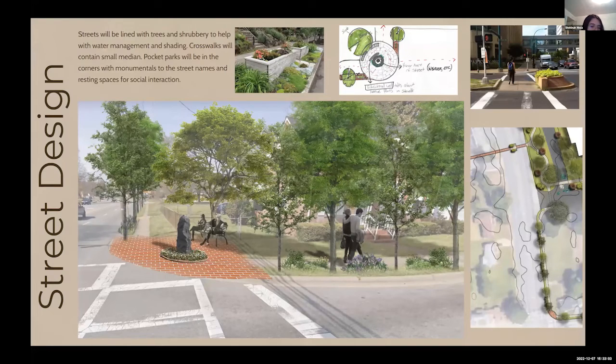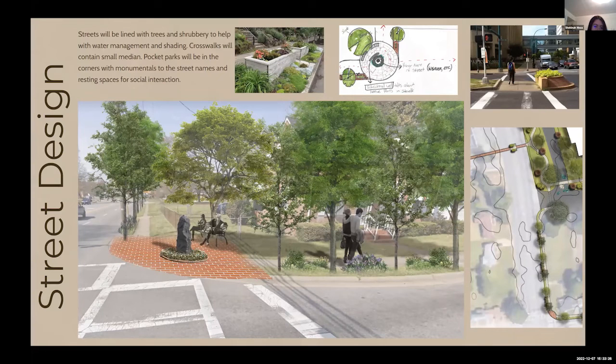Pocket parks will be in the corners of the streets with monuments to the street names of historical African Americans that helped build this neighborhood, and also to encourage resting and social interaction throughout the circulation of the neighborhood.